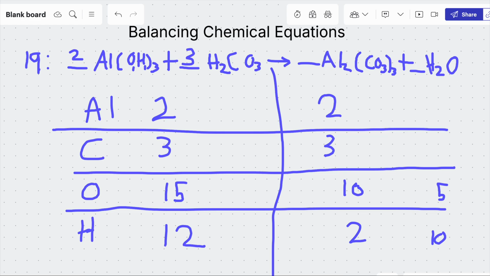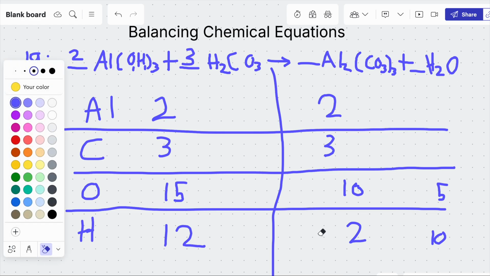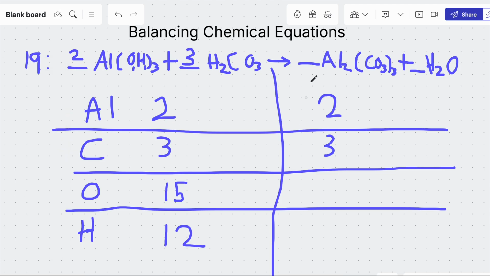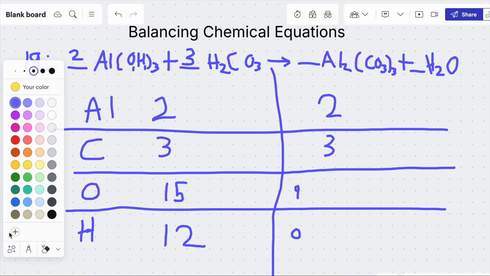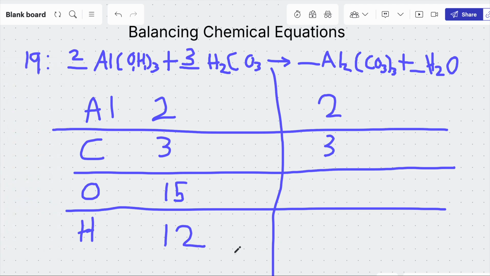So if we discount our H2O, we would have 9 O's over here, and we would have 0 H's if we don't count this. Oh, hold on. Okay, that's a useless point. Never mind. We're just going to worry about our H's first.